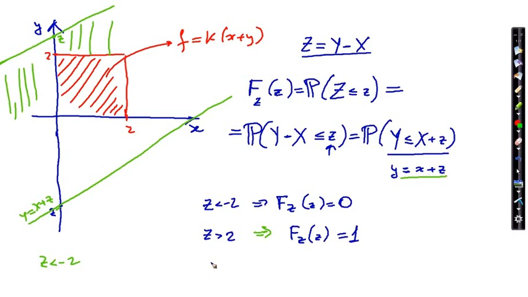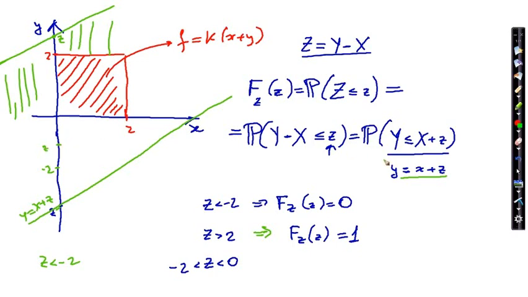What will happen if z is between -2 and 2? So I need to consider two cases. If z is less than 0 and larger than -2, what will happen in this case? I will have the following shape. So z is negative, between -2 and 0. Say this is -2, z is here.